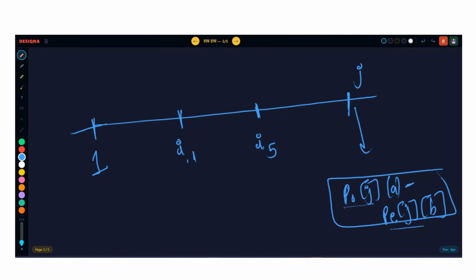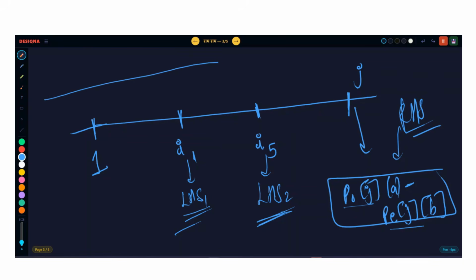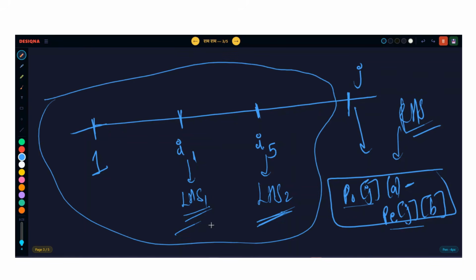If you know the LHS value for this index, LHS1, and the LHS value of this index, LHS2, then you can see whether these are smaller than equal to my current value or not. Let's call this RHS. Whichever guys in this range have their LHS values less than equal to my current RHS, they all will be good. If LHS1 is less than equal to RHS, then this subarray is a good subarray. If LHS2 is less than equal to RHS, then this subarray is also a good subarray.